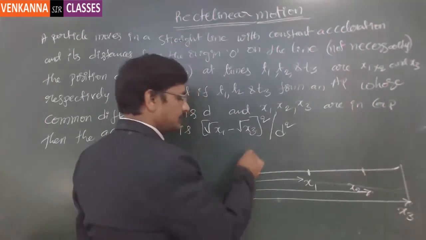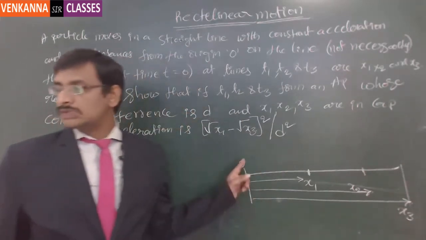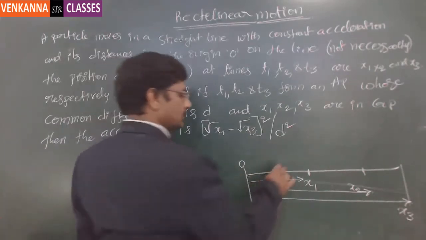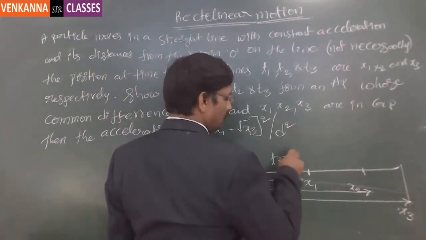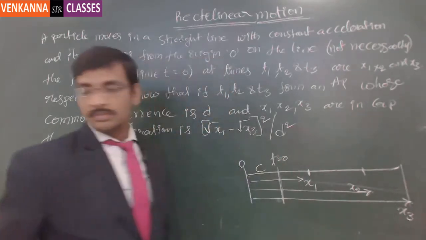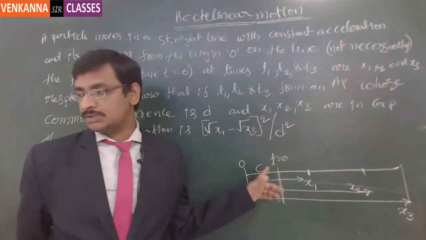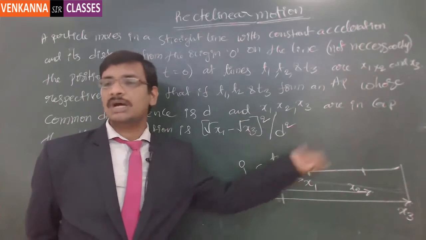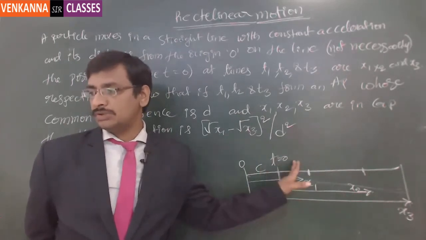So x1, x2, x3 are three different positions from the origin O. Now this origin may not be at t equal to 0. It may be somewhere here at t equal to 0, at a constant distance of c. So after a certain distance, the particle started traveling at t equal to 0.